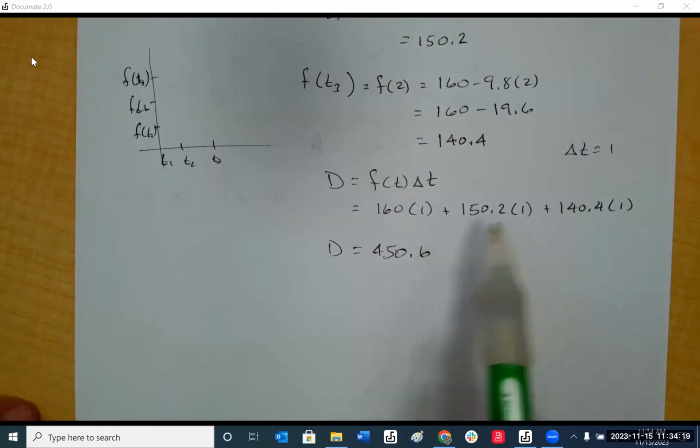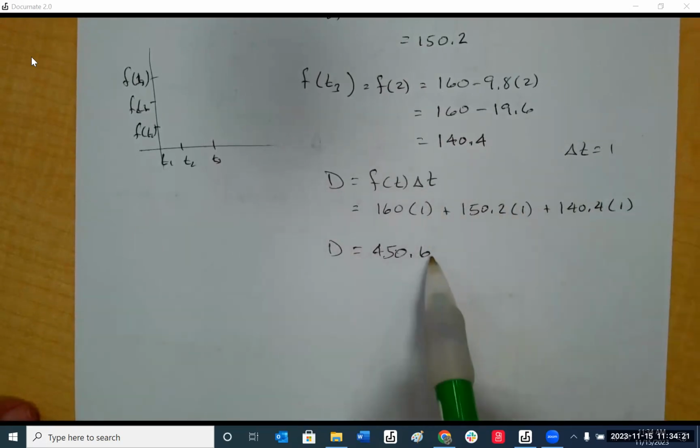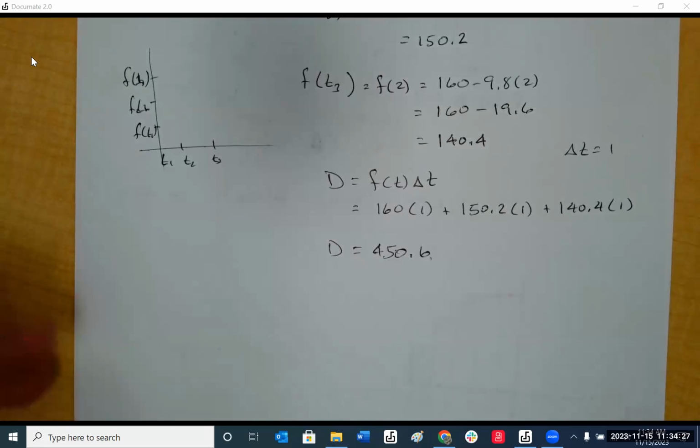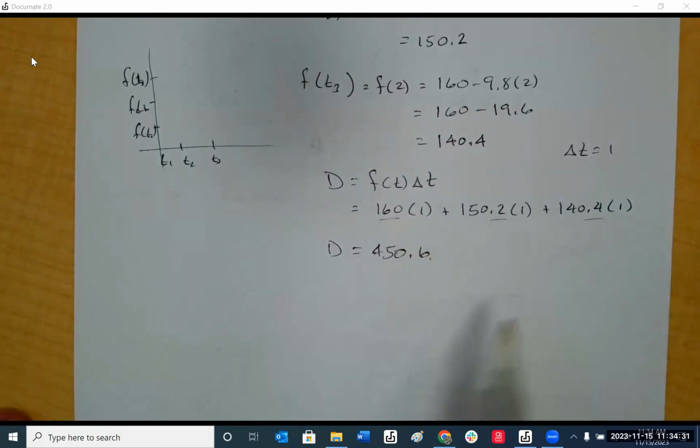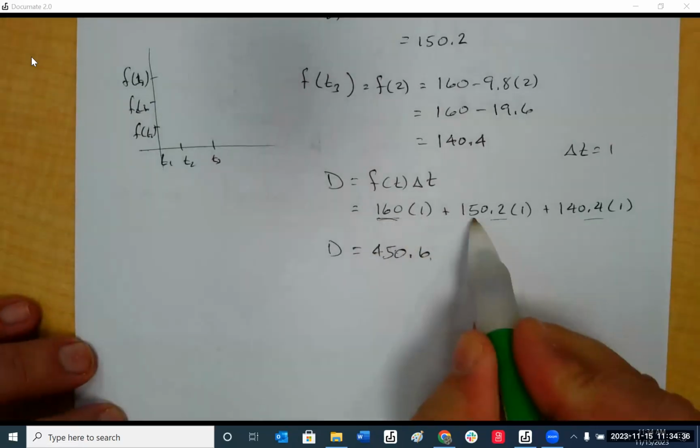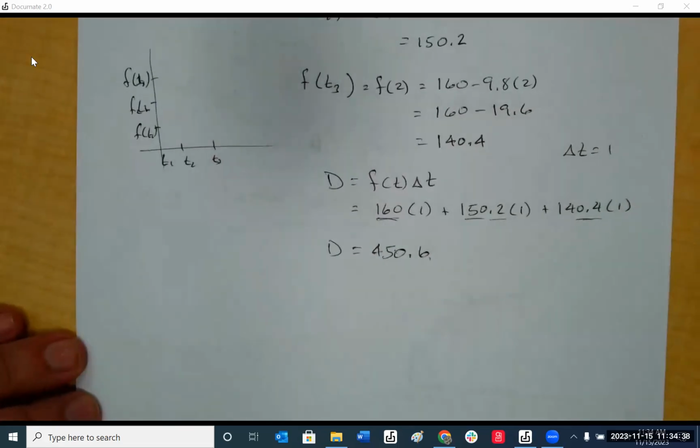So after 2 seconds, we've moved 450.6 meters. That's what it's telling us, because at 0 seconds, at 1 second, at 2 seconds, each one of these is the movement in that interval.